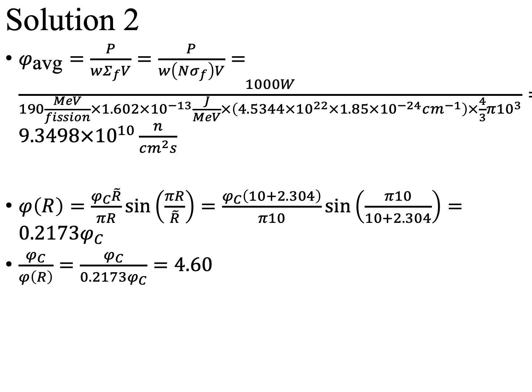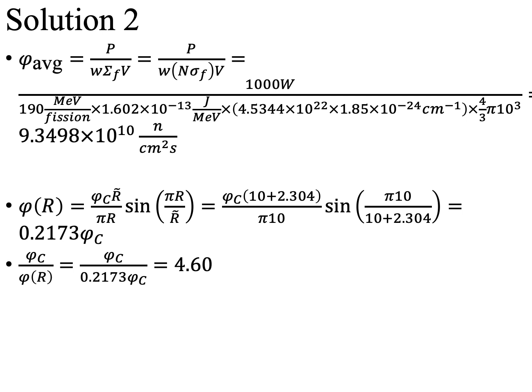Sigma F is the macroscopic cross section, and V is the volume. We just need to split the macroscopic sigma F into lowercase sigma F times n.